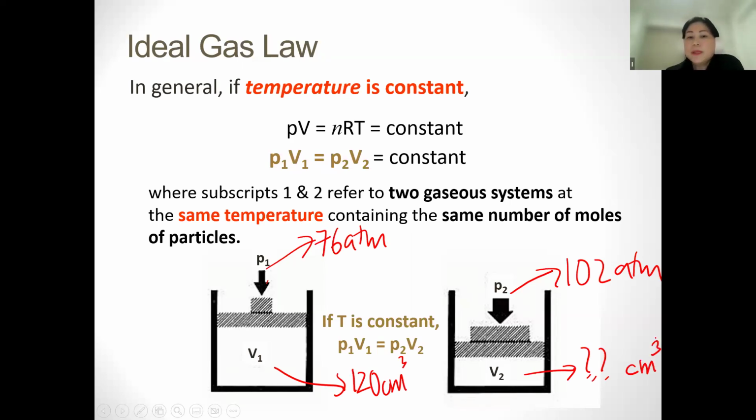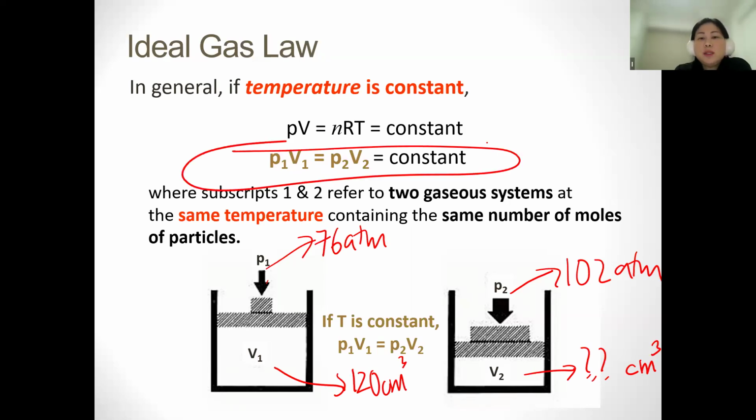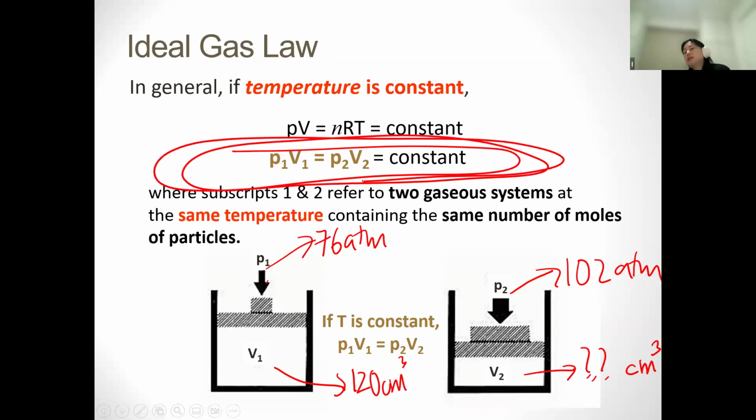So remember, if you look carefully at this equation, when I press my calculator, I did not really key in 8.31 in solving the question. So there is no need to convert to the set of units needed by the ideal gas law because I'm not keying the value 8.31. So for this case, I'll be using 76 times 120 equals 102 times V2.